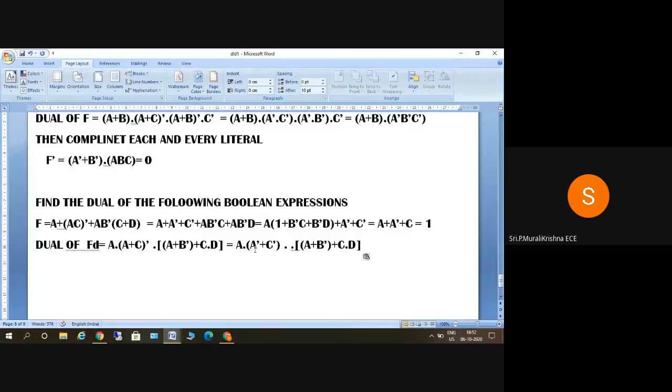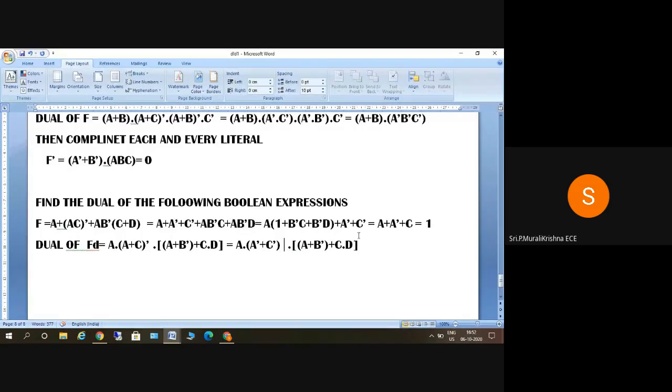So this is a into a bar, which yields a 0. So the total expression becomes 0. So when I perform a into a bar, 0 into anything is 0.